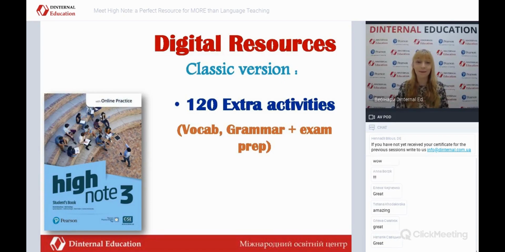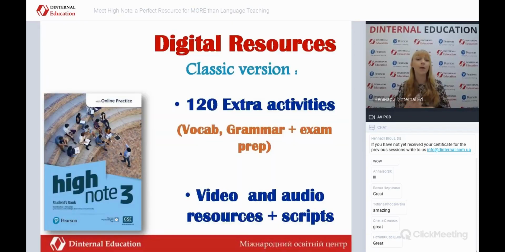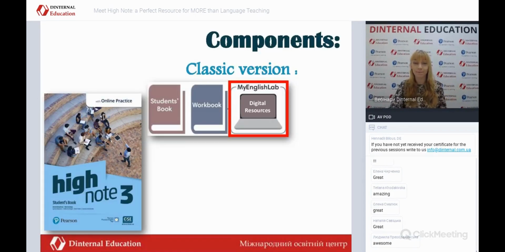If you are afraid that it's 120 more exercises you need to check, no, they are all checked by the program. And you get access to video and audio resources plus the scripts for the students to work with at home. That's what you get even in this classic version.